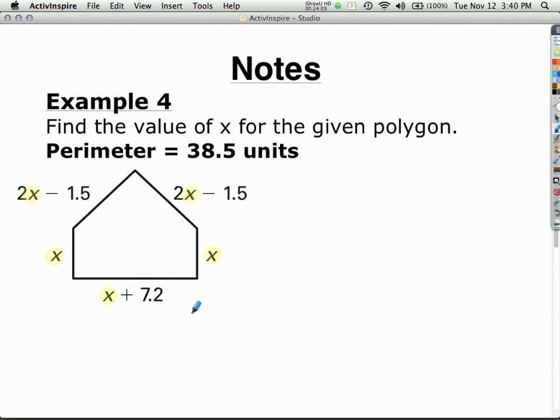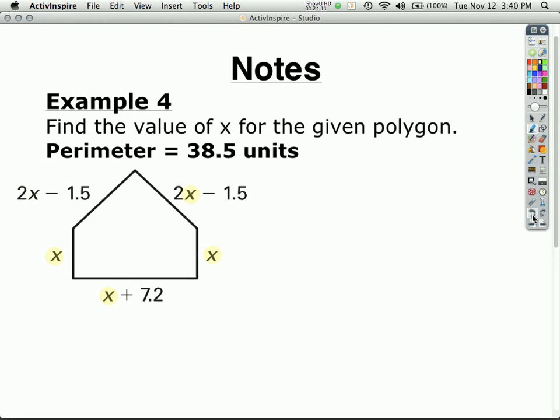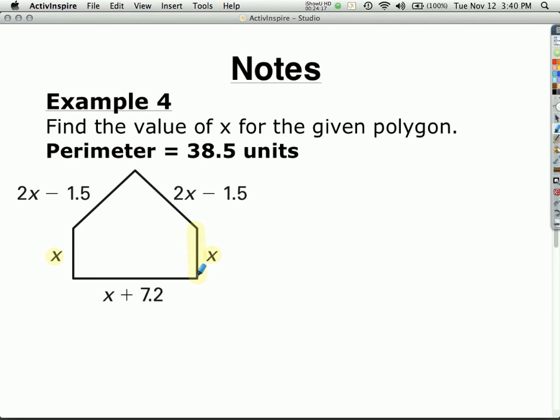In other words, look at this x and this x. This distance is the same as this distance. They are equal to each other. So the value of x is the same no matter where it is. These are not different variables. They're different instances of the same variable.